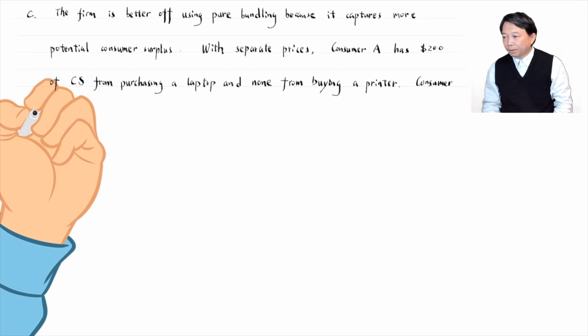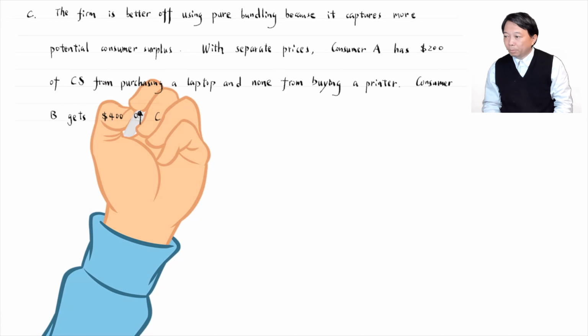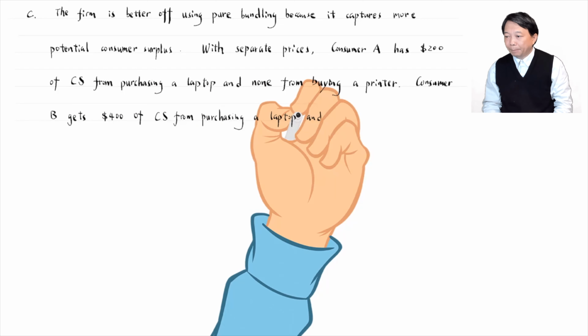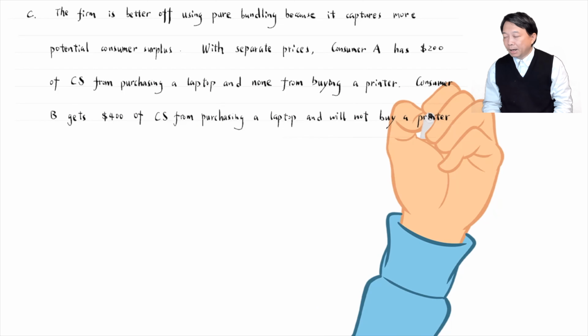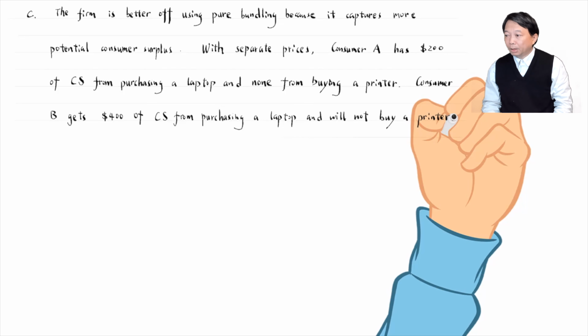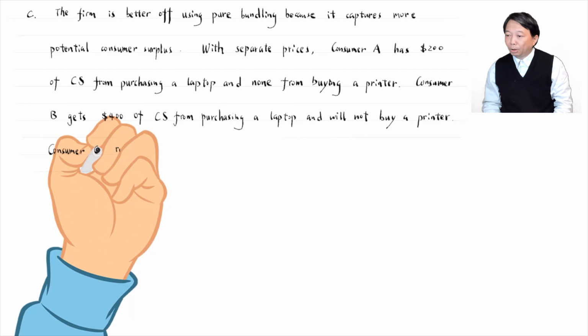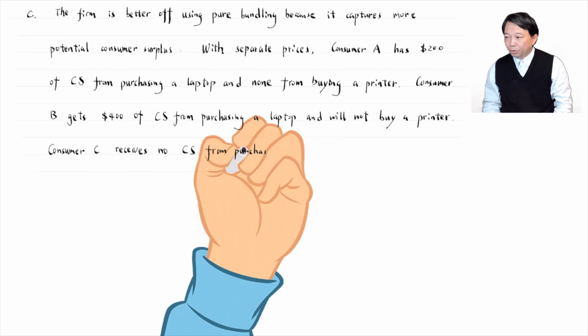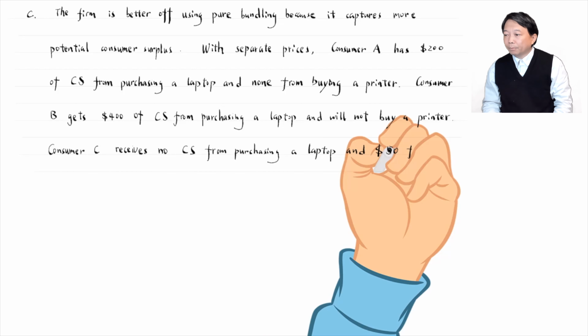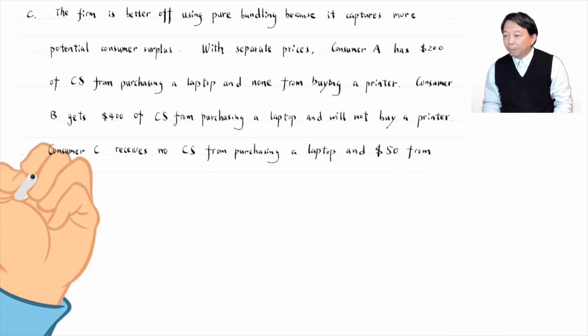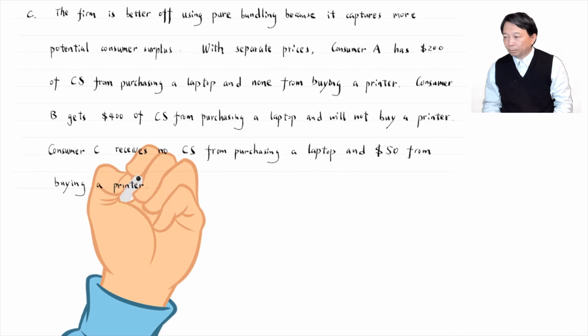Consumer B gets $400 of consumer surplus from buying a laptop and will not buy a printer. Consumer C receives no consumer surplus from purchasing a laptop and $50 from buying a printer.